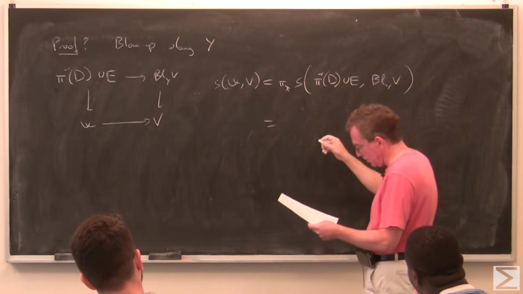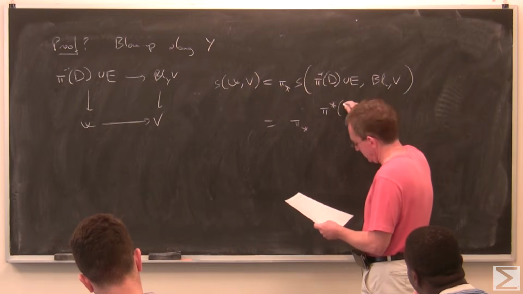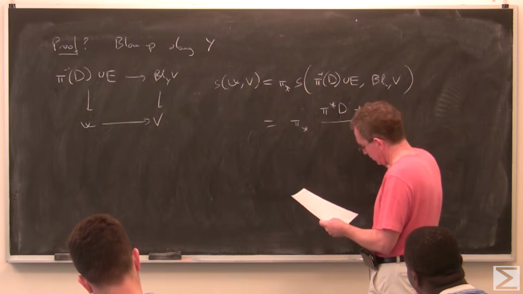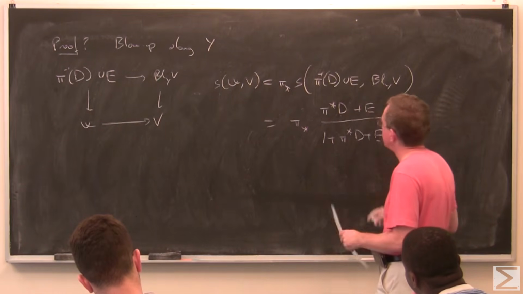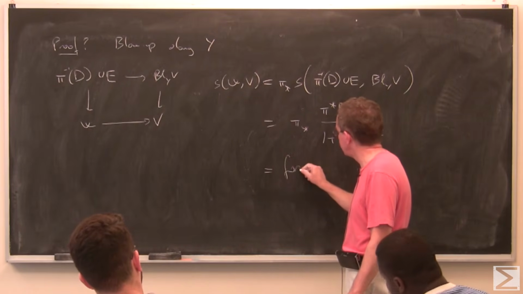And this is a divisor, so all I need to do is compute the push forward of pi upper star of D plus E over 1 plus pi upper star D plus E. And if you do this, you get the formula.